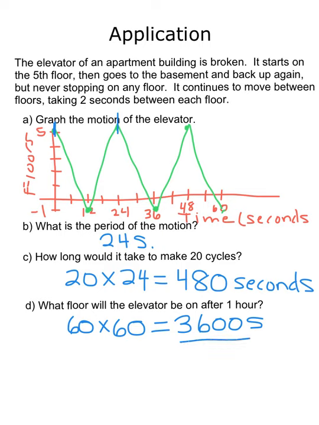So if we divide this by 24 seconds, we get exactly 150. That means there are exactly 150 cycles. So that means that the elevator is going to end up back at the top, which is the 5th floor.